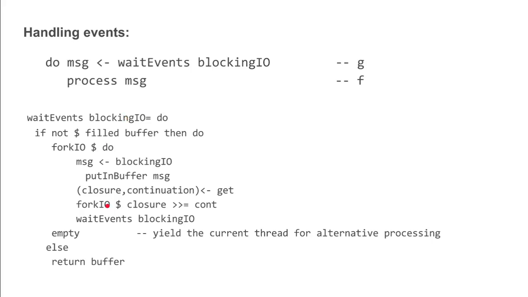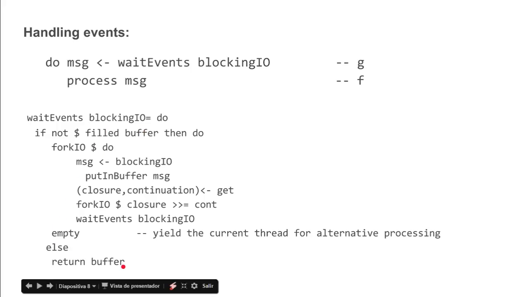But let's look at this second thread. This second thread executes again the closure and the continuation. But the closure is again wait event. But this time wait event finds the buffer filled, so it returns the buffer.